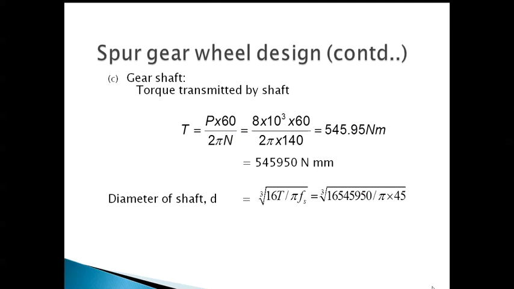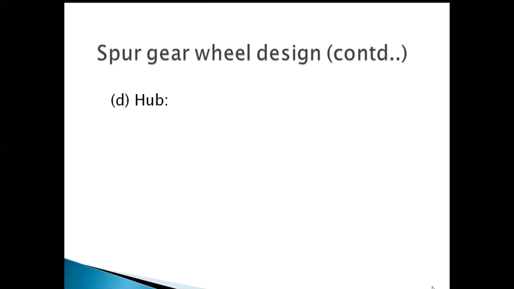Cube root of 16 into 545,950 by pi into 45. So then we can find the dia of the shaft, that is 18.35 mm. We can adopt D as 20 mm.